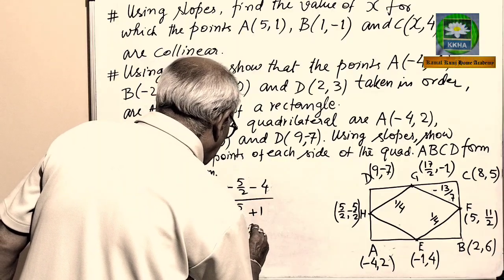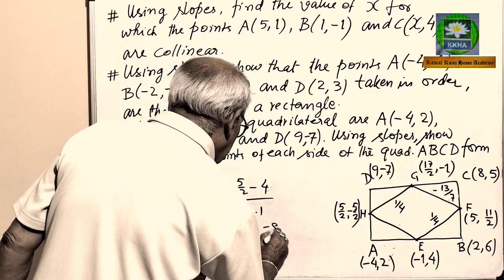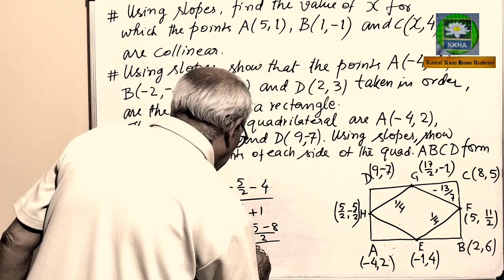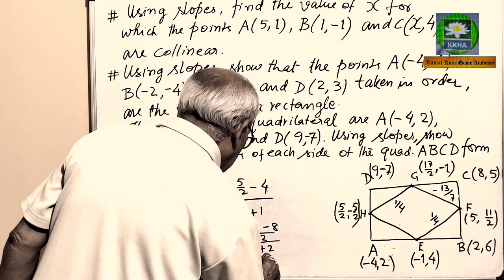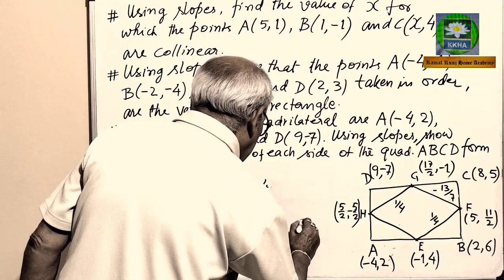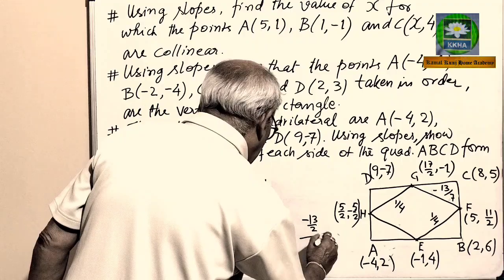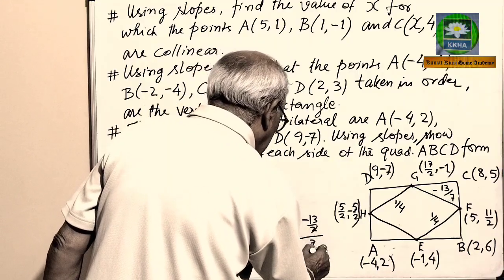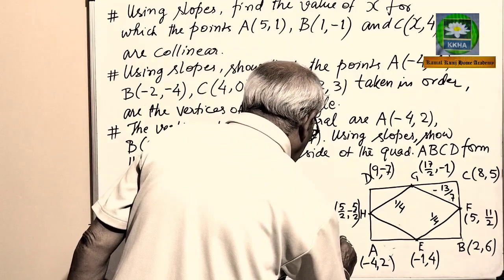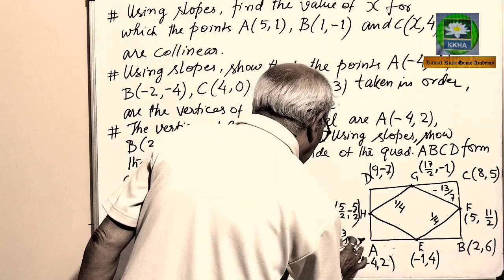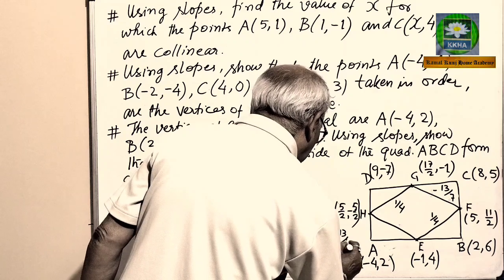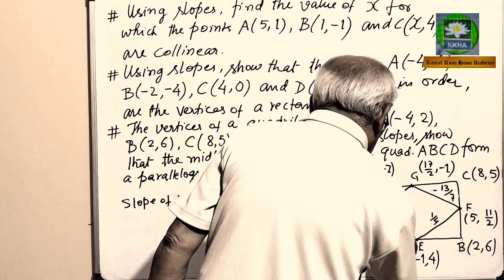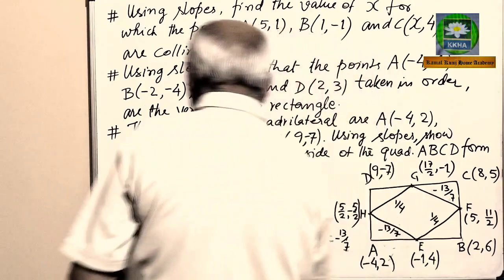Equal to (-5 minus 8) upon 2 divided by (5 plus 2) upon 2, equal to minus 13 upon 2 over 7 upon 2. This cancels, so it is minus 13 upon 7. Slope of EH is also minus 13 upon 7.